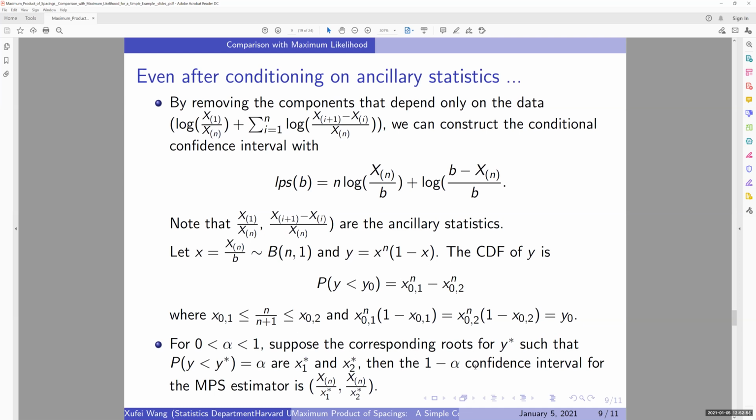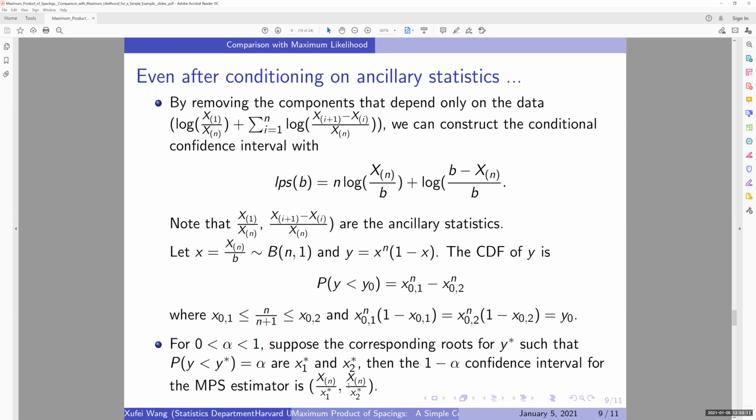Then we can construct the 1 minus alpha confidence interval with x1 star and x2 star, which gives us a two-sided confidence interval: xn divided by x1 star and xn divided by x2 star.